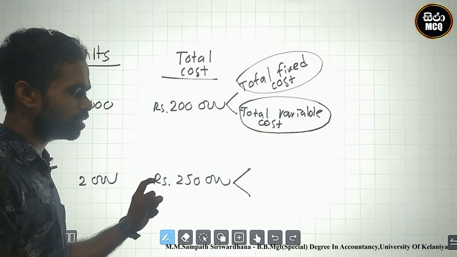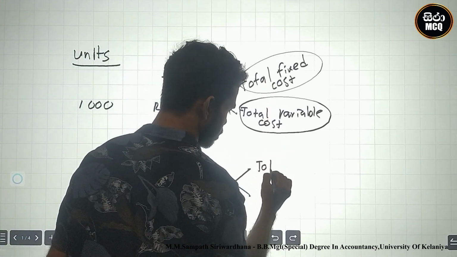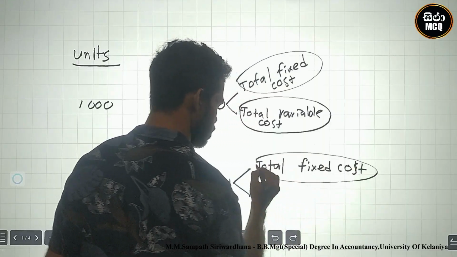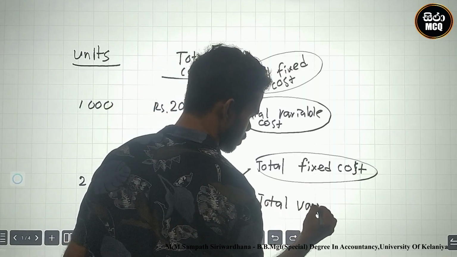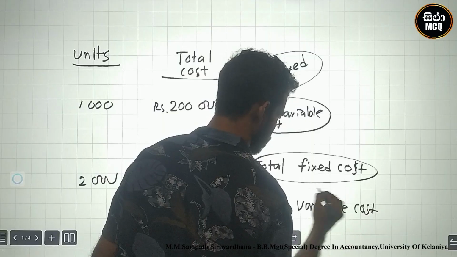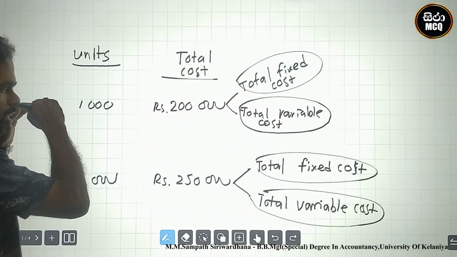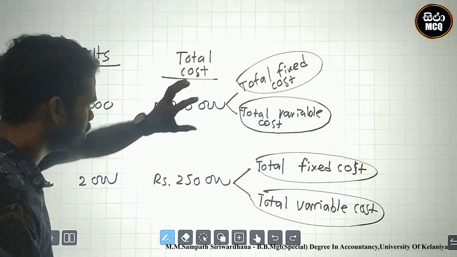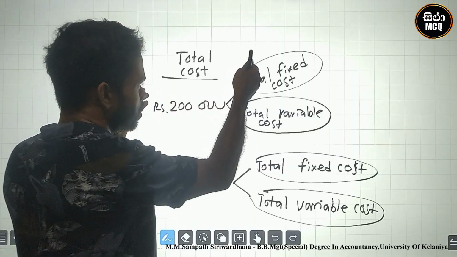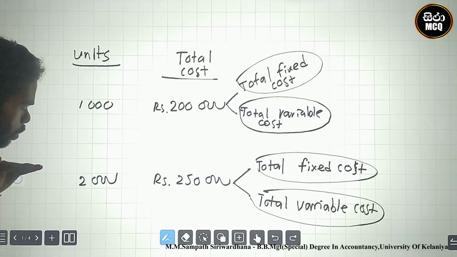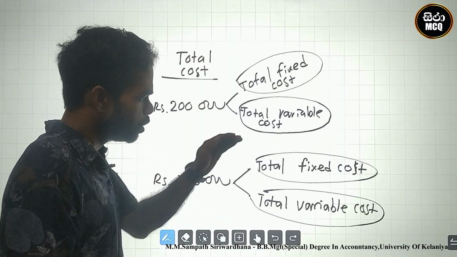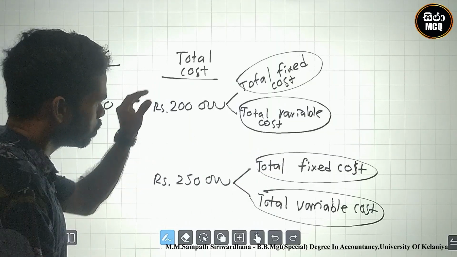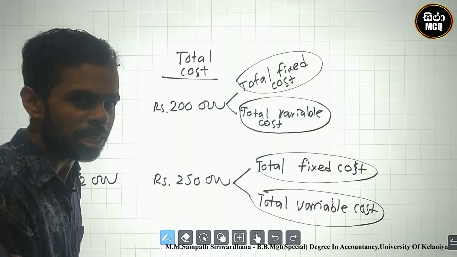Therefore, total cost includes both total fixed cost and total variable cost. At this stage there are two items, total fixed cost and total variable cost, and the sum of the two is the total cost. The 2000 level is the same: the sum of total fixed cost and total variable cost creates the total cost. Therefore, we only need to find the variable cost now.